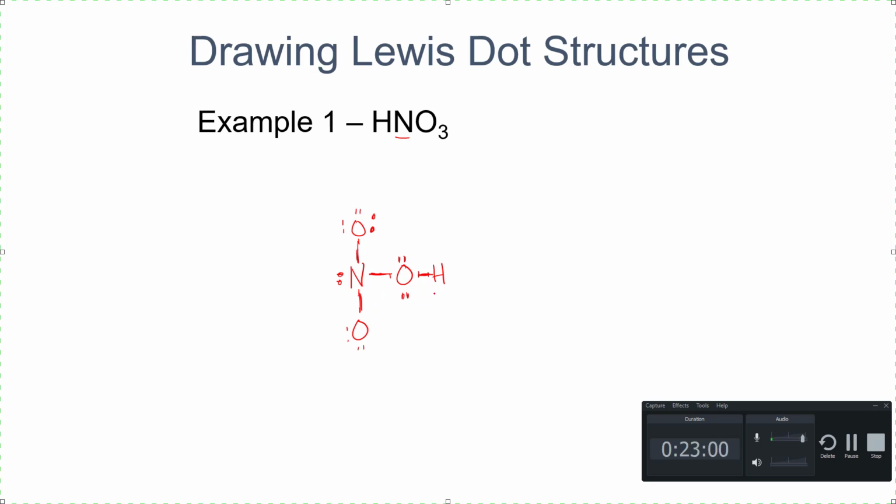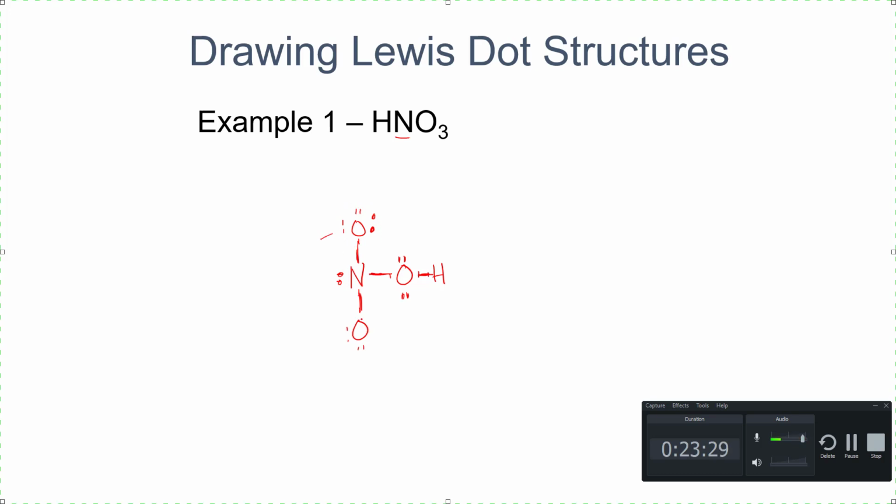When we're writing in the valence electrons in a molecule, basically we're just accounting for the total number. We could distribute them any way possible as long as we don't violate the octet rule. So picking up an electron from one atom and moving it to the other is perfectly fine. Now, that gives this oxygen an octet, so it's okay.